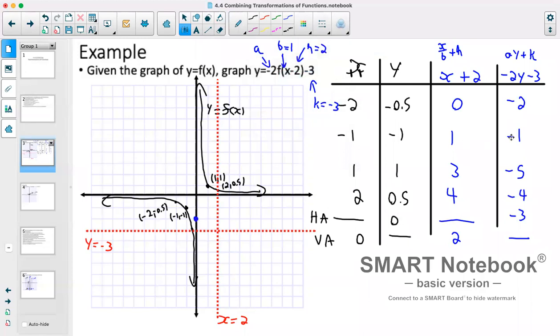At 1, we're at negative 1. At 3, we're at negative 5. At 4, we're at negative 4. So our new graph looks something like this.